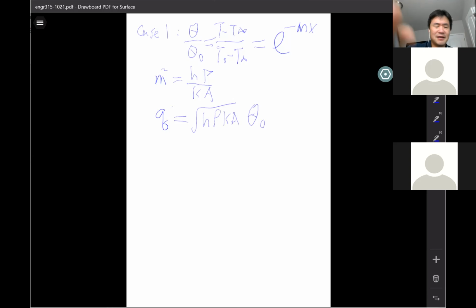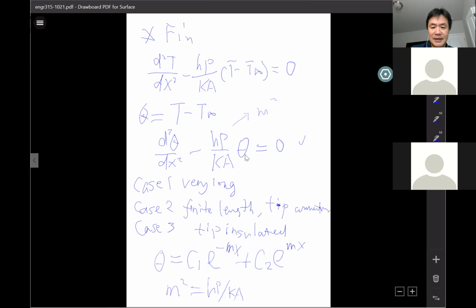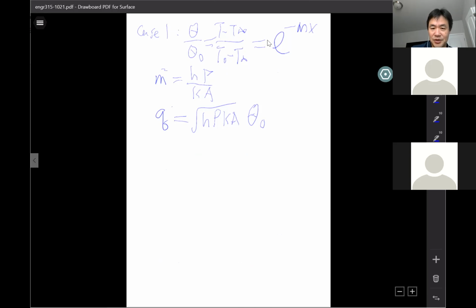Did everybody follow me? I haven't given you the example yet, I'm just explaining these equations. Is that understandable? This is the general solution for the equation. Then with the case 1 boundary condition, you get the temperature distribution inside the fin, and this is the solution for Q, the total heat loss through the fin. Any questions, please jump in.